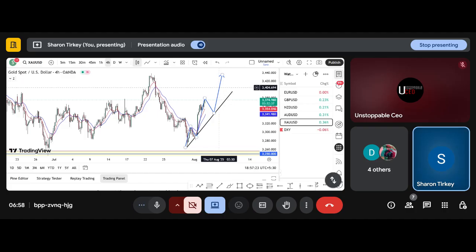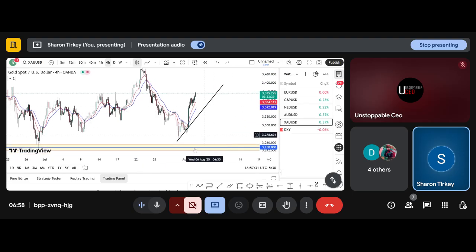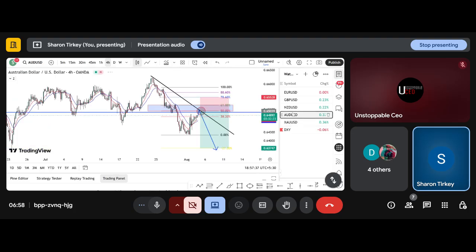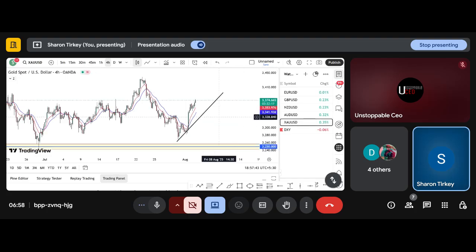Okay, this is the structure and it is called the W pattern. I told you for upside structure it is the W pattern, for downside the M pattern. Okay, here you see it is an M pattern.